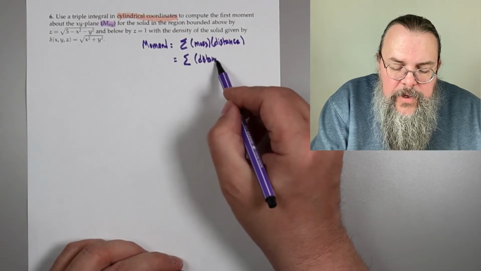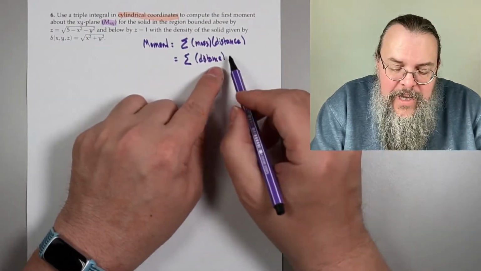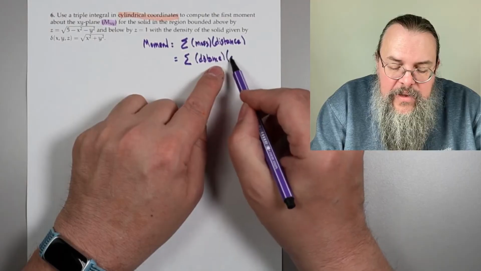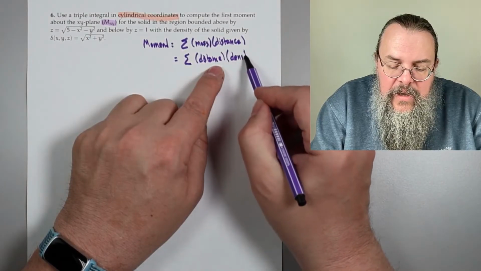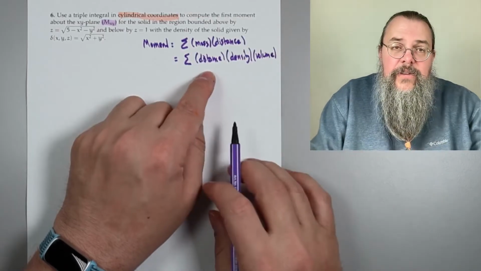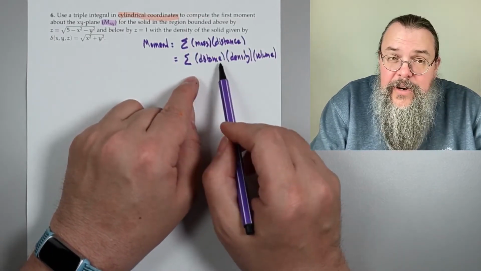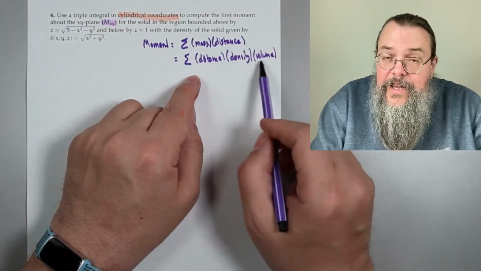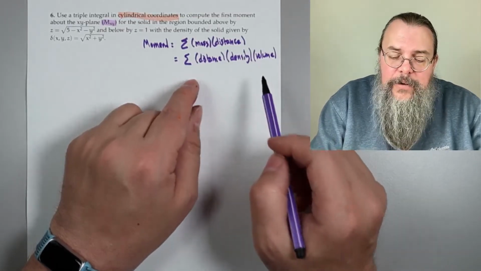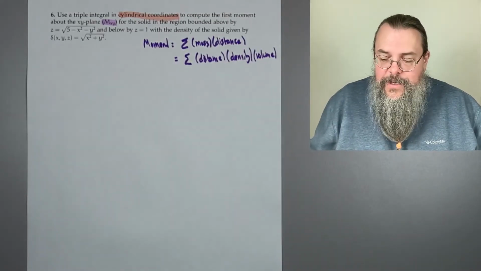So when we're talking about moment, there will be a distance involved, and we'll get to that distance in a second. And the way you find mass is density times volume. So when we're setting up our integral, we need to make sure we understand these 3 parts: distance, density, volume.